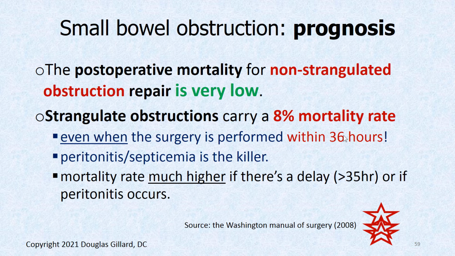The septicemia is usually what kills people. If there's a big delay, like a week delay, and you can't get into a hospital, it's a much higher mortality rate. For non-strangulated small bowel obstructions, though, it's very low. You can get away. It's the strangulated where ischemia and gangrene set in, because that almost always leads to peritonitis.